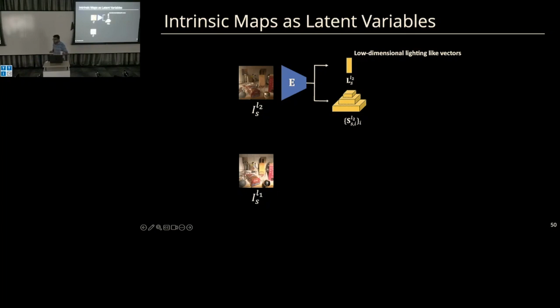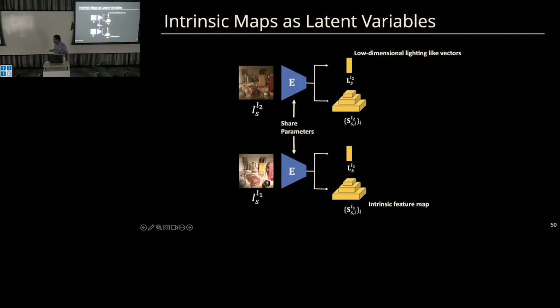It's a low-dimensional lighting-like vector. And then we also recover a feature map which we believe behaves like an intrinsic feature map, something that is independent of lighting. And you do this with the other image as well. The thing to note is that it's the same model, they share parameters. So it's the same model, two images as input, and we recover a lighting-like vector and an intrinsic feature map.